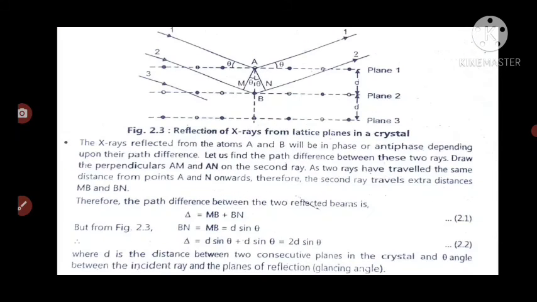If we see the figure, it shows the reflection of X-ray from the lattice planes of the crystal. See plane first, plane second and plane third.